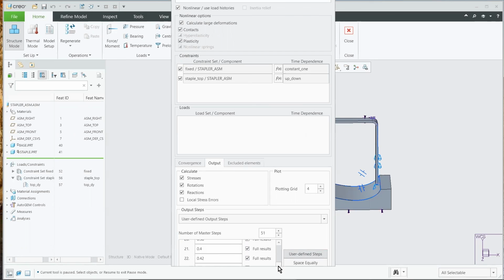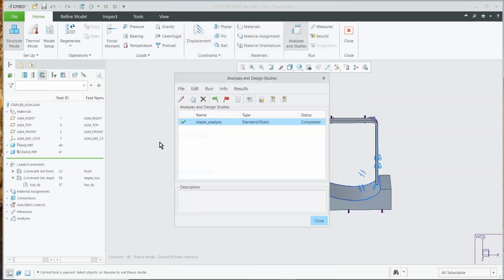It's run 51 times, and it takes that and divides that over that period of time. So in this particular case, running this takes about 25 minutes. So I'm not going to run it here, but I have the results already done. But this is how we would set this up. It runs through it at each step, figures out the deformation, then applies the load to that deformed shape.